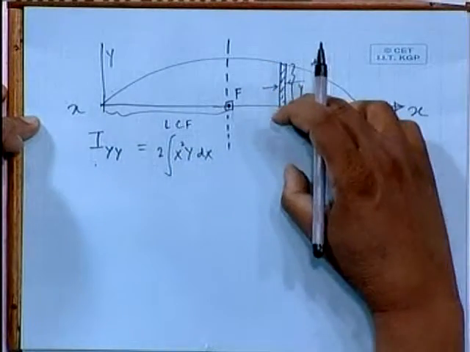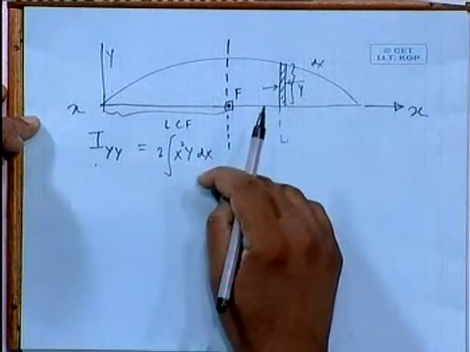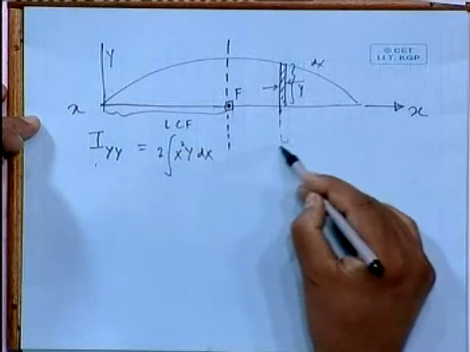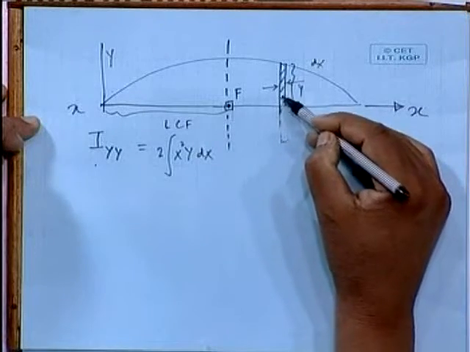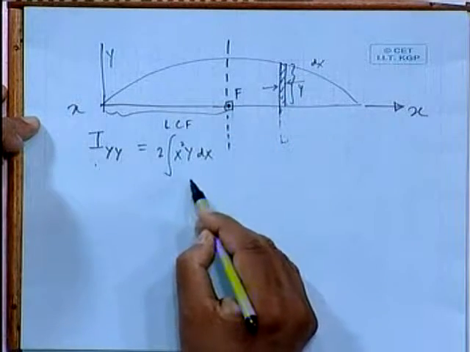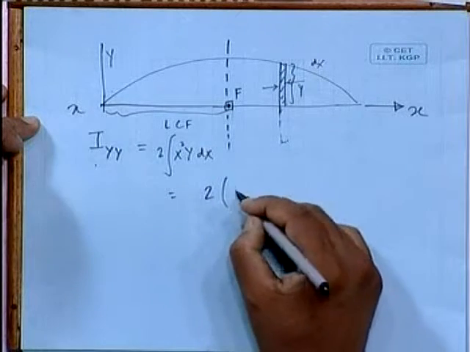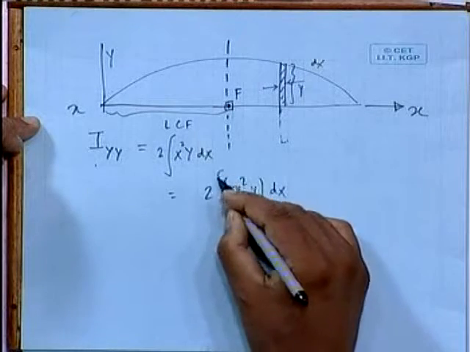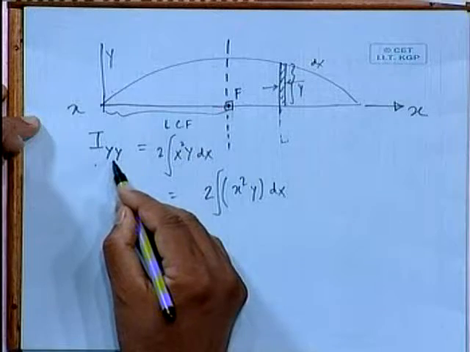See this y here, this y here, this y this side because this is only half water plane. This is y, there will be another y because the actual shape is like this, 2y dx x square. So this is the integration I need to do. So it is 2 x square y dx over the length. But this is actually Iyy.